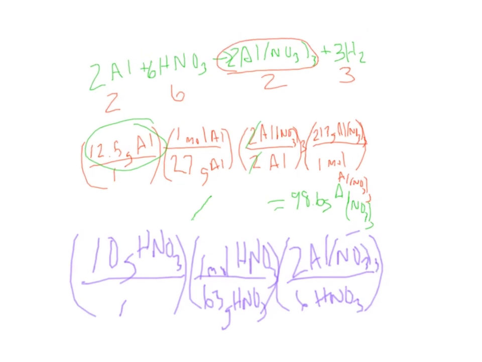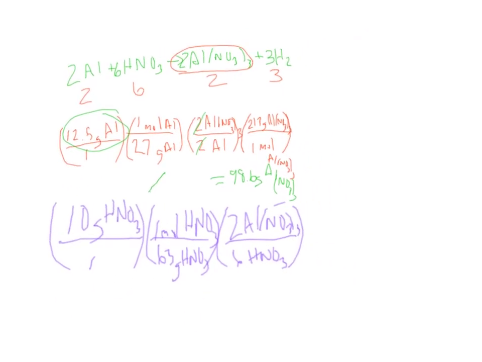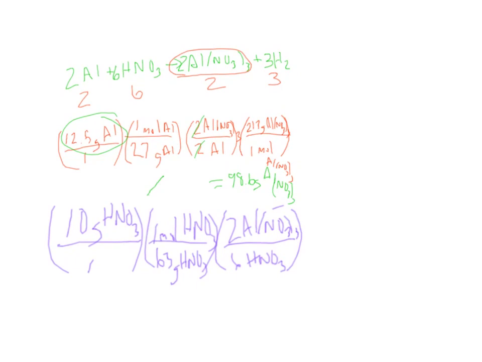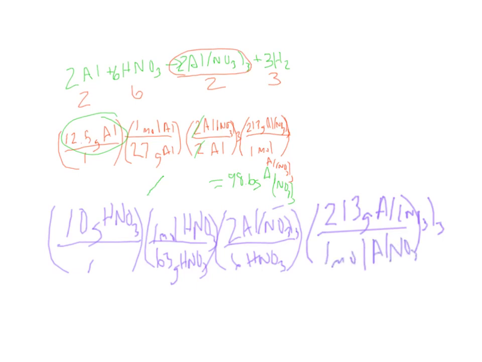And then I'm just going to use the molar mass, which again is 213 grams AlNO3, 3, so 1 mole AlNO3, 3. And I'm going to simplify a little bit here, just because I can. You don't have to. This is 2 and 6, so that's really 1 and 3.